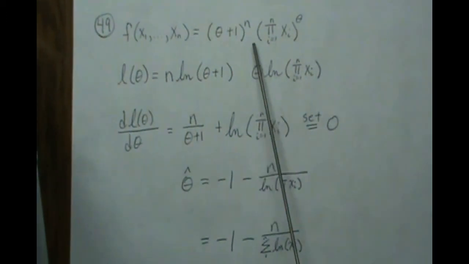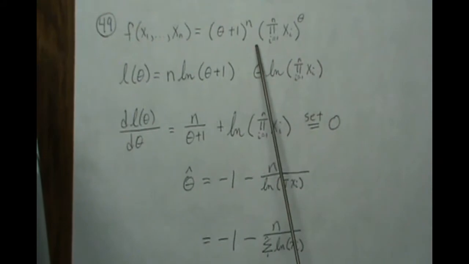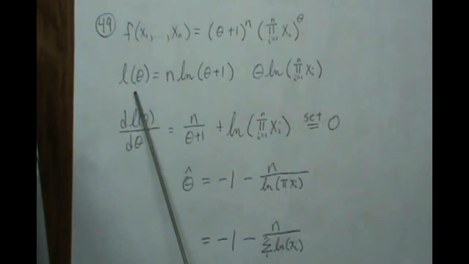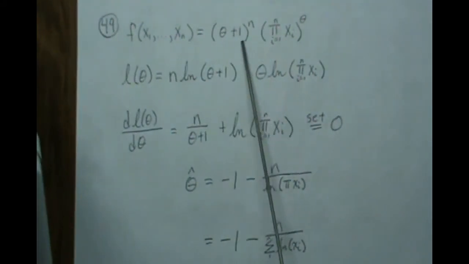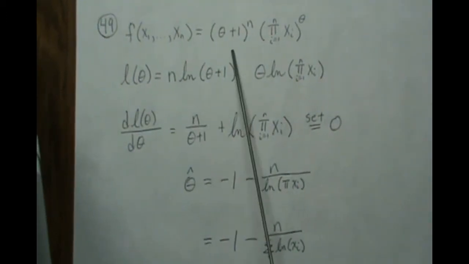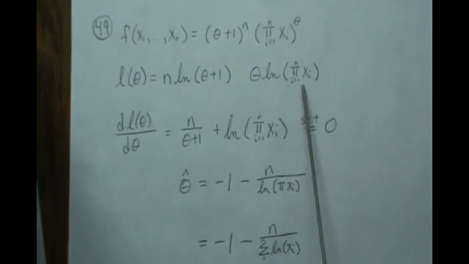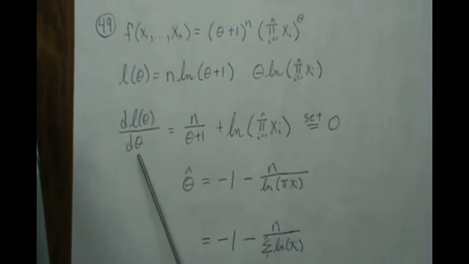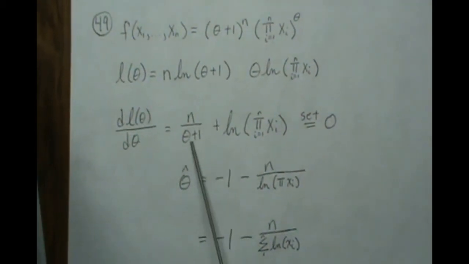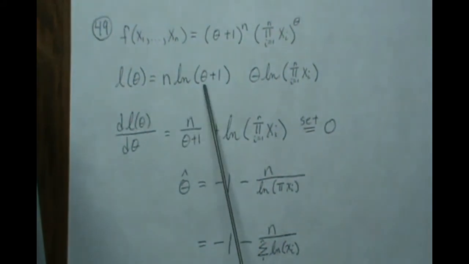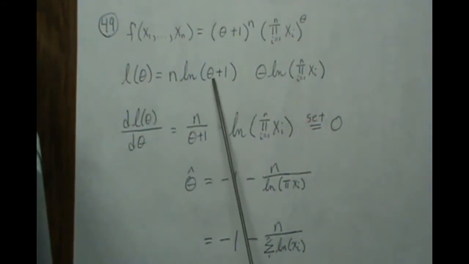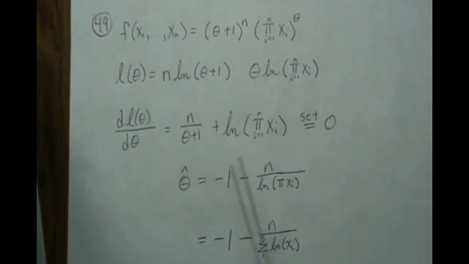So maximizing this would be pretty tough. So we take the log of it, and that's our log likelihood. The n comes out front, log of that. Theta comes out front, log of this. Take the derivative. So we get 1 over this, times a constant, times chain rule, times the derivative of the inside, which is 1, so we get this.